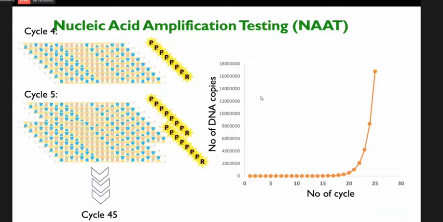So this cycle of denaturation, annealing, and extension can be repeated for over 45 cycles, and in each cycle, the number of DNA doubles, resulting in the synthesis of billions of copies of DNA. In each cycle, the number of free fluorescent dye increases, thus the fluorescence signal is increased exponentially.